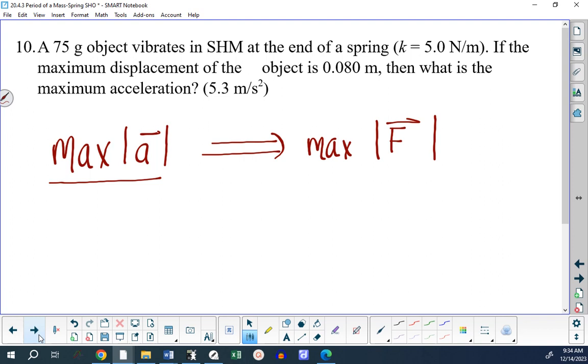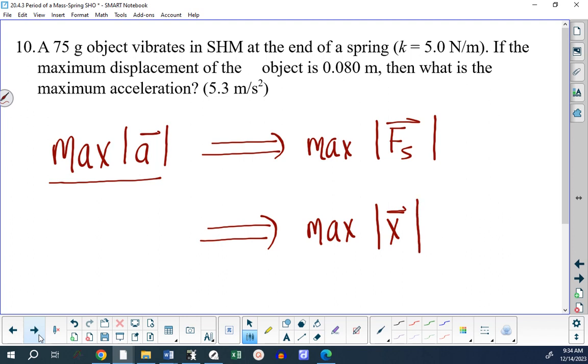It doesn't matter because it's all one force. I'm going to go Fs because that's, I think, what we're going to have to do here to answer the question. So when do we get a maximum force that the spring exerts on the mass? Well, it happens when we get a maximum displacement.